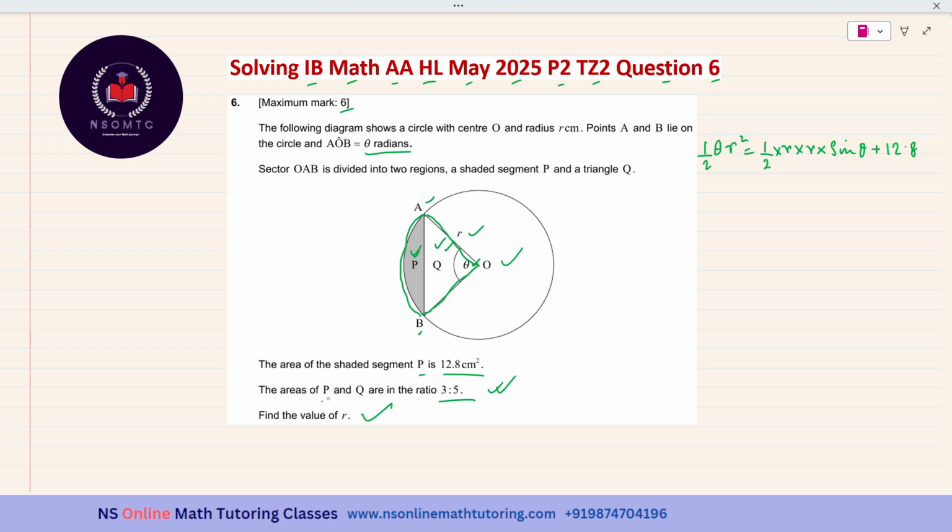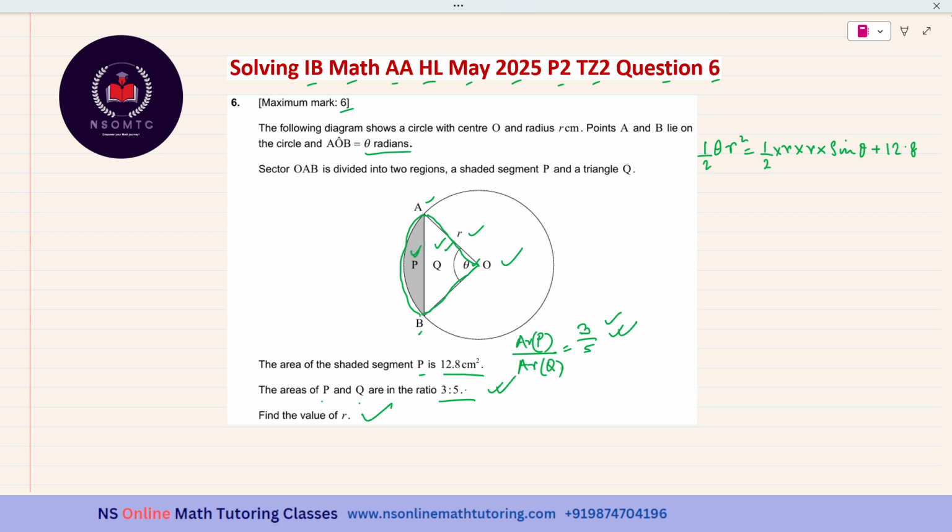The areas of P and Q, we will write this ratio in the form of a fraction. It is 3/5. So the area of the region P over the area of the region Q, that is the triangle, will be equal to 3/5. If you write the ratio in the form of a fraction, you can cross multiply and get an equation without the denominator.